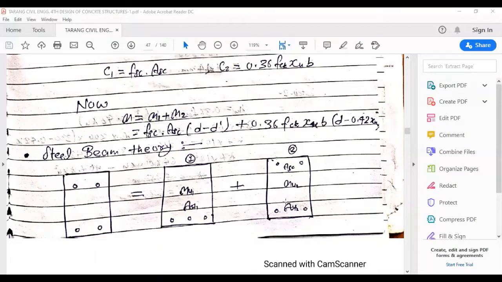And in the second beam, we will provide secondary tensile bars along with compression bars, and this will generate ultimate moment 2. So it is assumed that one beam is converted into 2 beams for analysis purposes. Both these beams, when combined, contain the property of this single beam.